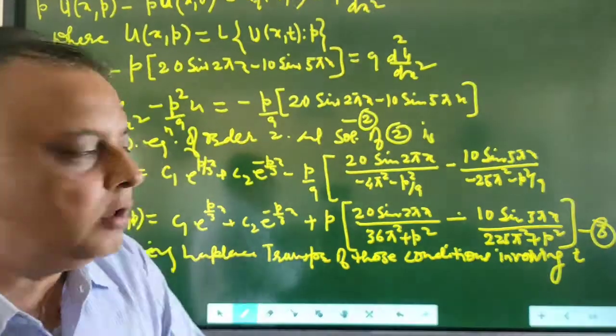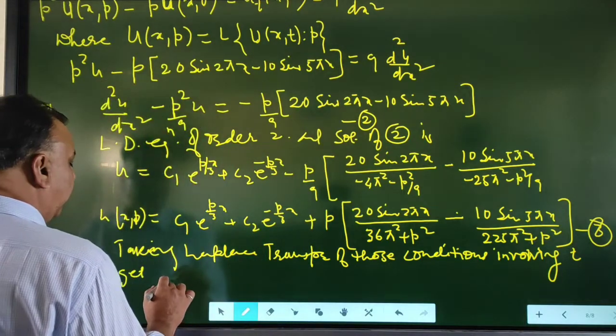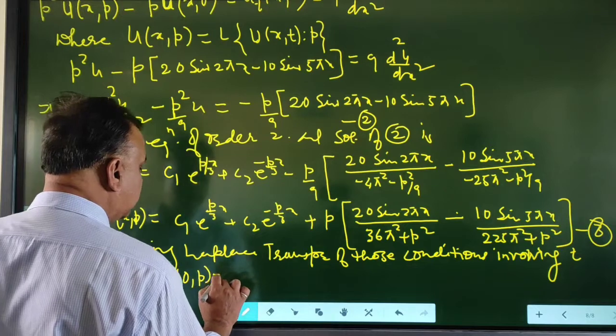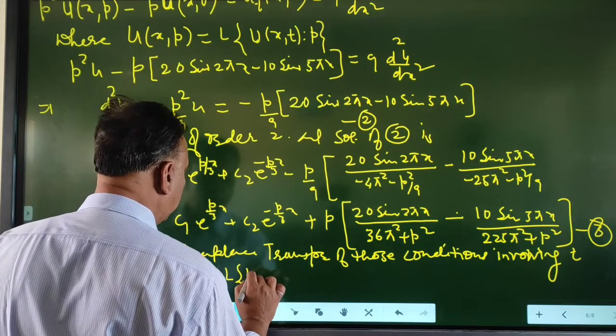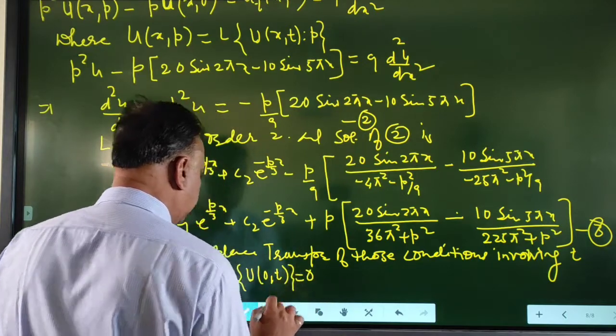By taking the Laplace transformation of those, we get u(0,p) is equal to the Laplace transformation of u(0,t), which is 0.